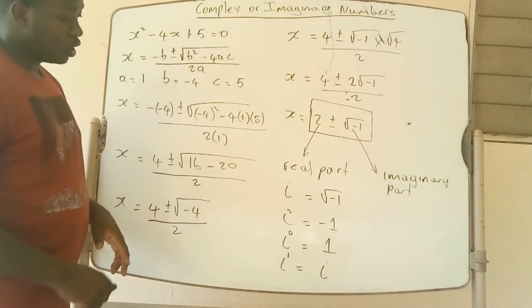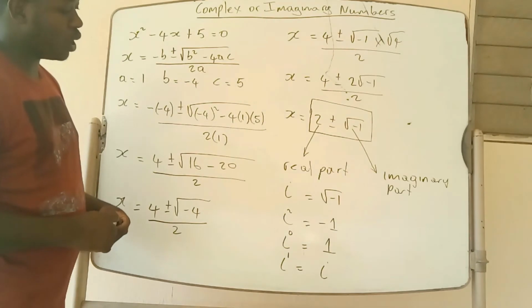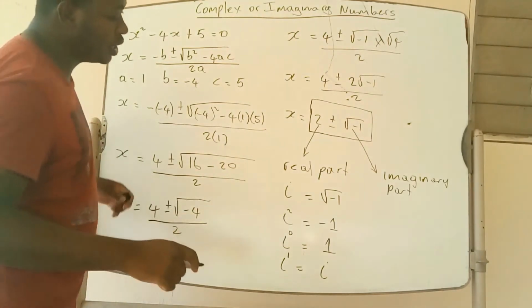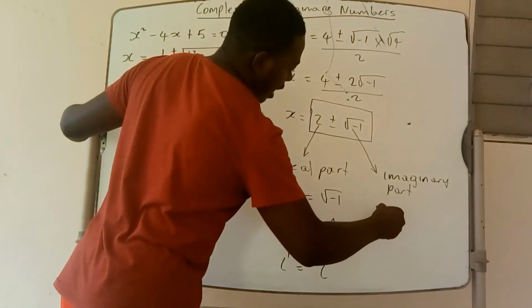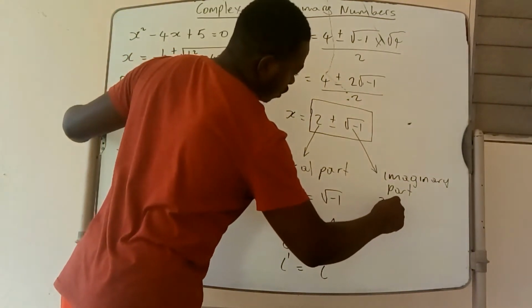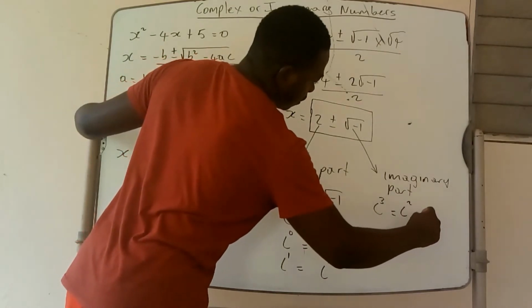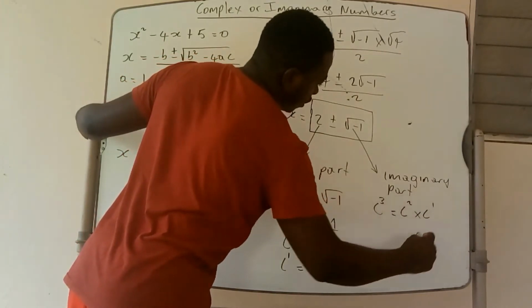Right? Now, could you guess and tell me what you think i to the third power would be? If we have i to the third power, then we can rewrite this as i squared multiplied by i to the first power.